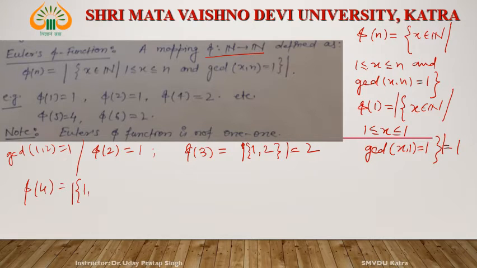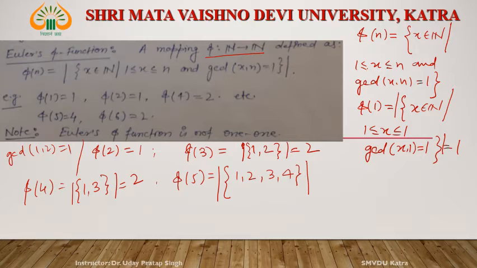1, 3, right? This is equal to 2. What is phi of 5? How many numbers are relatively prime to 5? 1, 2, 3, 4. Right?